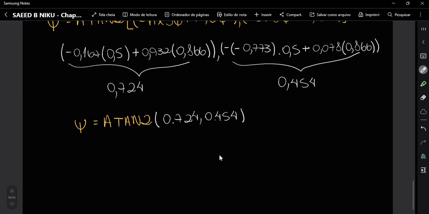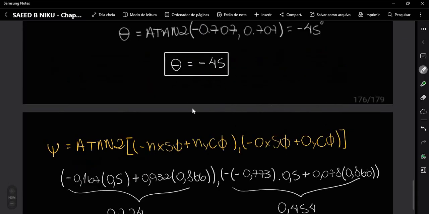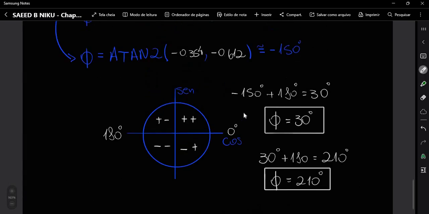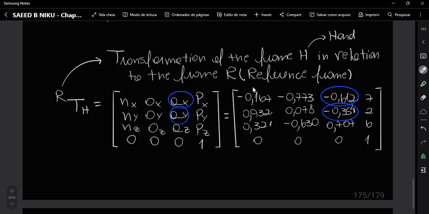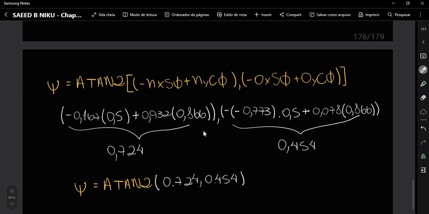Okay, we are not getting the correct result because again we have to be careful with the sign, because on the solution we got this minus nx, and on the value on the matrix we also got this minus on this first value. So actually right here is a positive sign. So let me correct this.